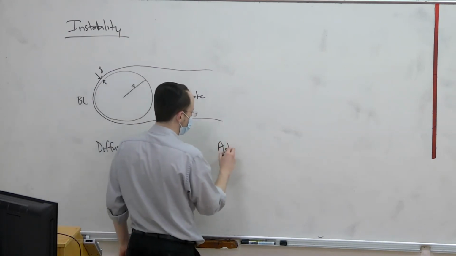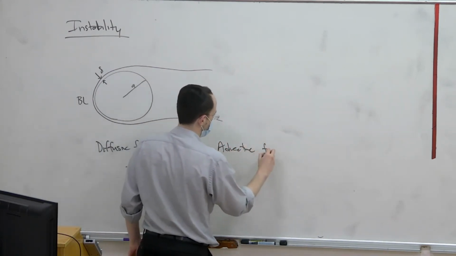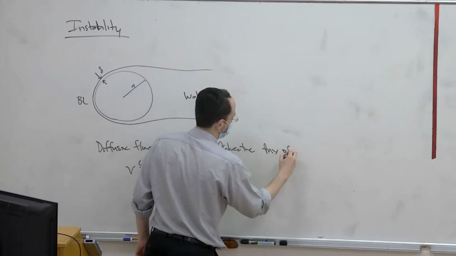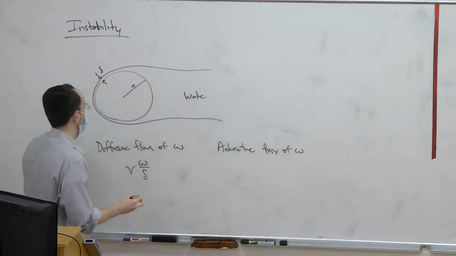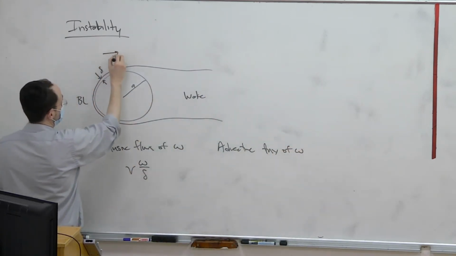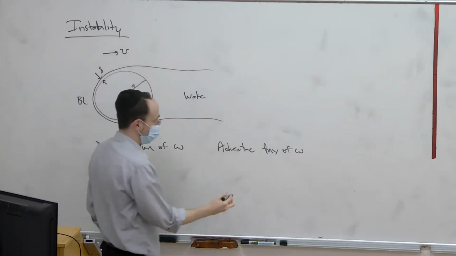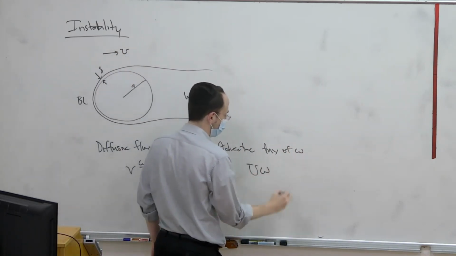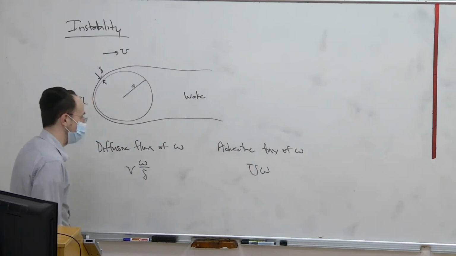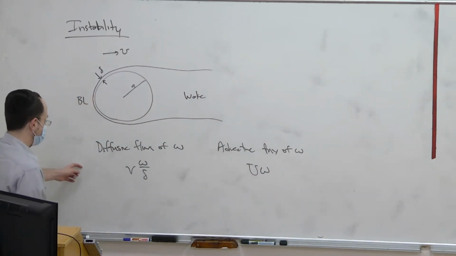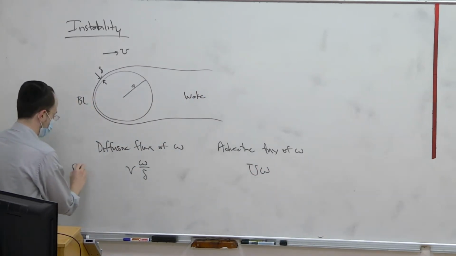And then, of course, we have the advective flux of vorticity. The advective flux of vorticity is going to involve our free stream velocity, capital U, so it's just going to be U times omega. This is all in the boundary layer.